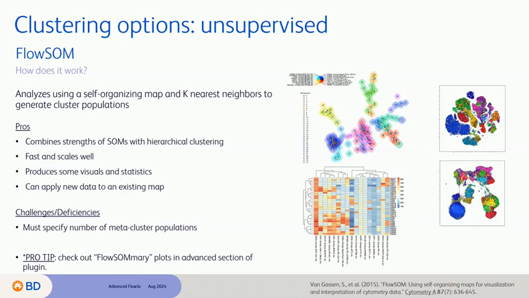Another advantage there is its intuitive visualizations. The SOM grid provides a clear and interpretable map of the data, so it can help you understand your complex data set and interpret how the clustering performed.